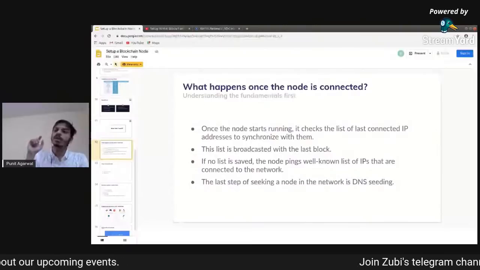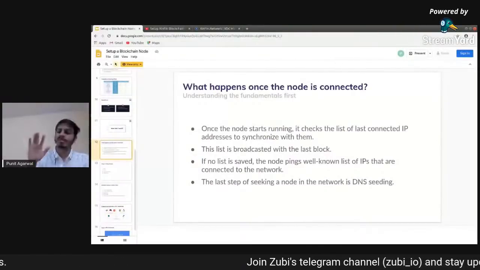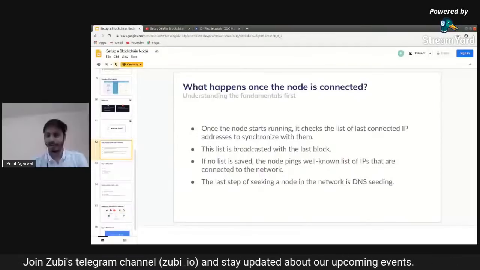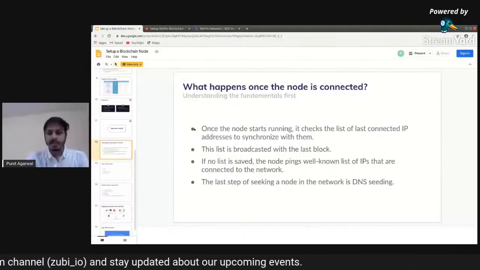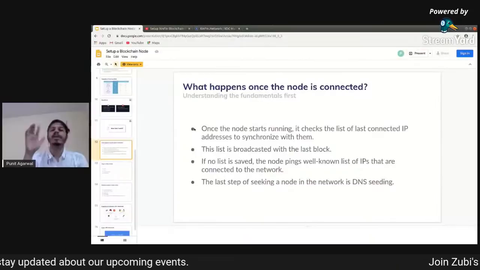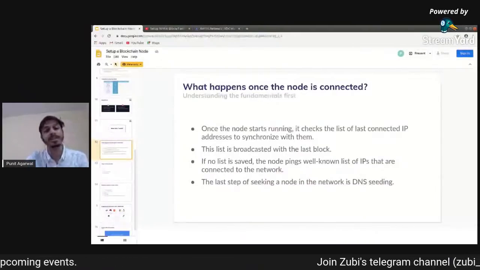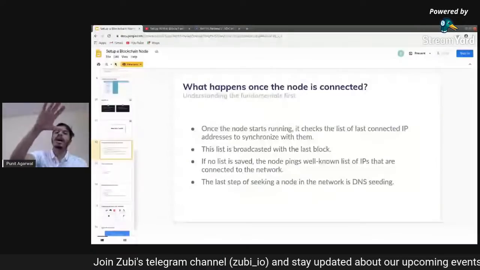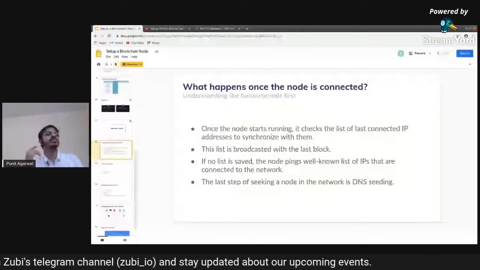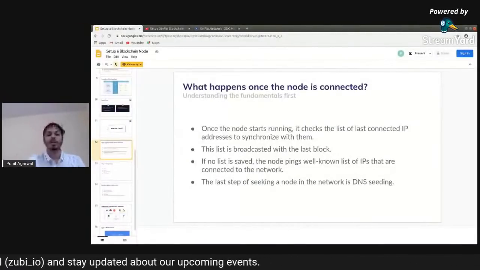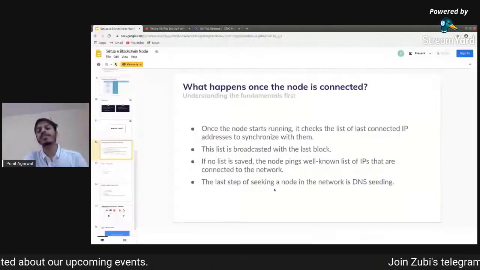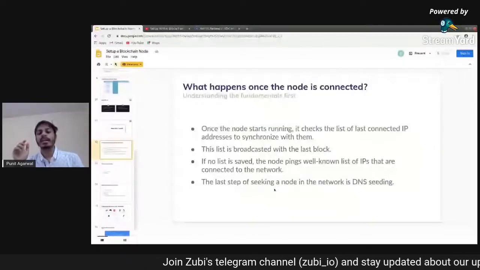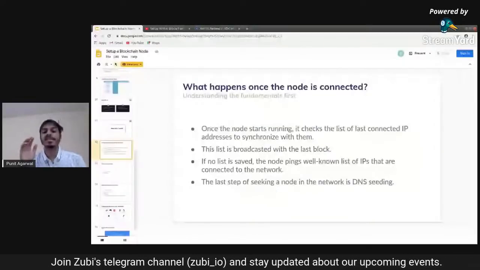These are the nodes that will always keep on running, well known or put up by the organization who have set up the blockchain network itself. So they can connect with that node, fetch all of the information and sync themselves with that particular node. The last step in seeking a node in the network is DNS seeding.